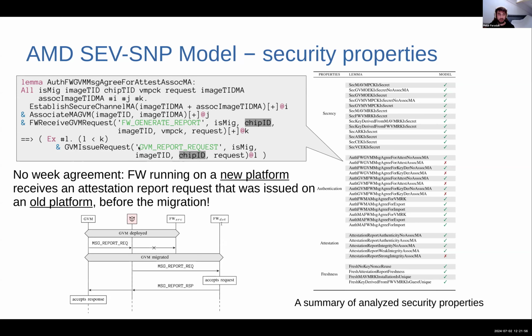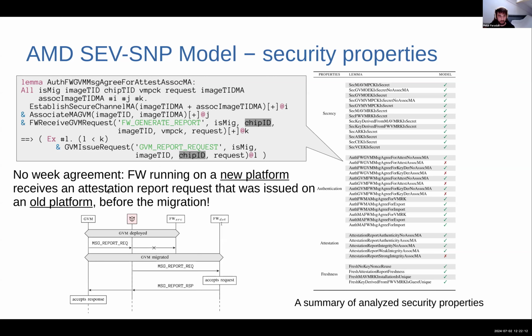But this property doesn't hold, because it could be the case that the guest is executing on some other platform, because migration is enabled. The guest can be migrated to another platform.